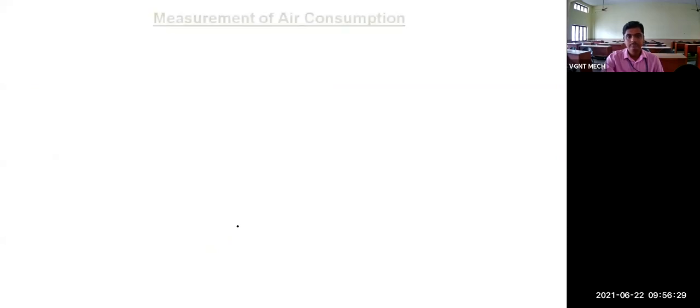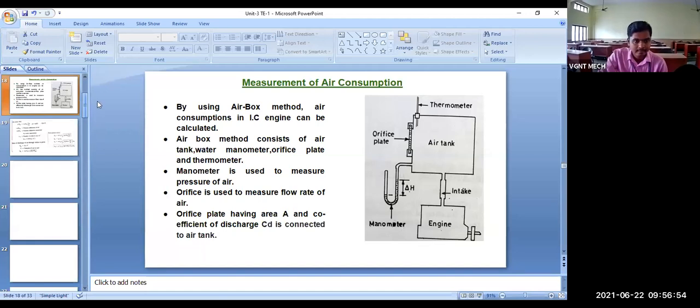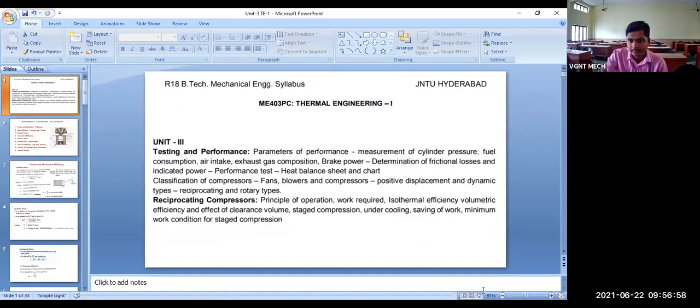Next, quickly I will show you the measurement of air consumption, because if we go to the syllabus, in unit 3, how to calculate brake power, indicated power, frictional power, we have already discussed.